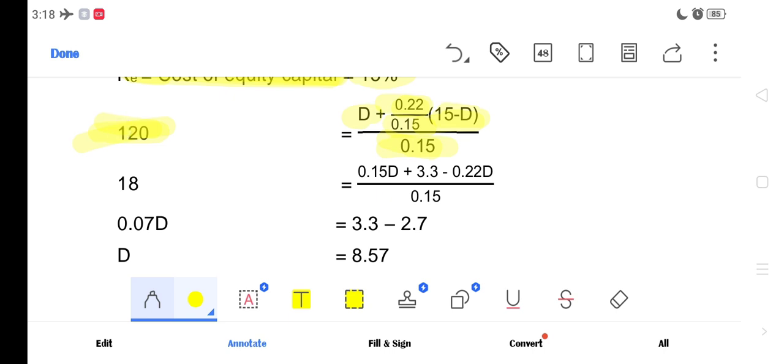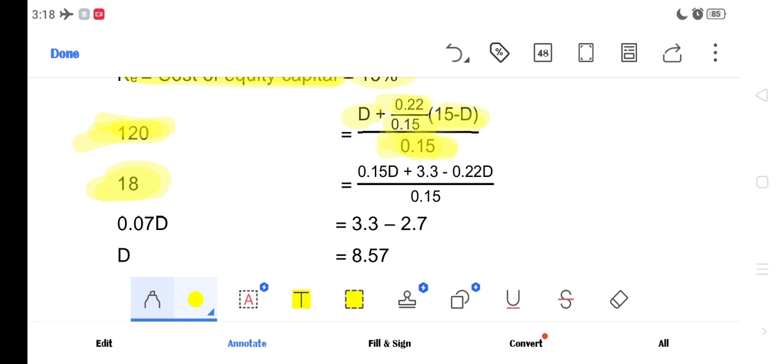So if we multiply this 0.15 with 120, you get 18. Again, don't confuse yourself here, just look carefully. 0.15 into 120, we get 18 rupees. So again in the numerator, if you observe, there is 0.15 after the plus, right? 0.22 divided by 0.15, he has taken the LCM.